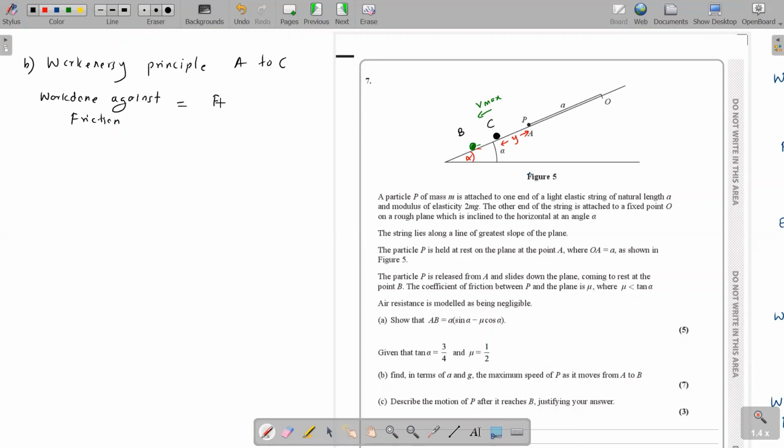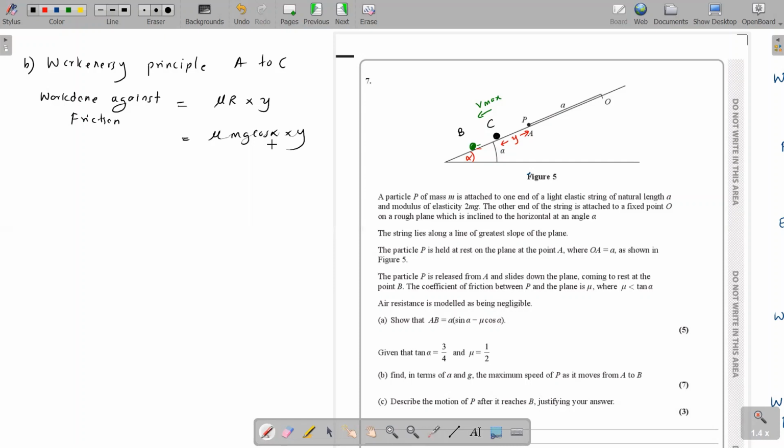Friction force is mu R, force into distance. How much of a distance are you moving against friction when you travel from A to C? I'm assuming C is the place where I reach the maximum velocity. So I have marked the distance as y. So mu into normal reaction, mg cos alpha, into y. Do you agree with me?